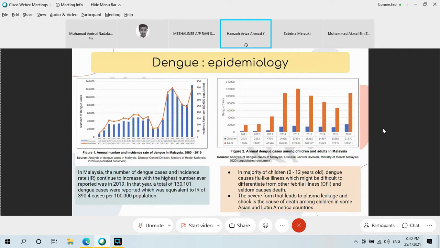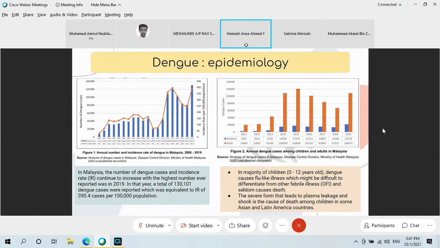The epidemiology of dengue: during the period of 2000 to 2019, the annual number and incidence rate of dengue cases in Malaysia varied substantially. From the lowest value of more than 7,000 cases in year 2000, it reached a peak of more than 120,000 cases in 2015.